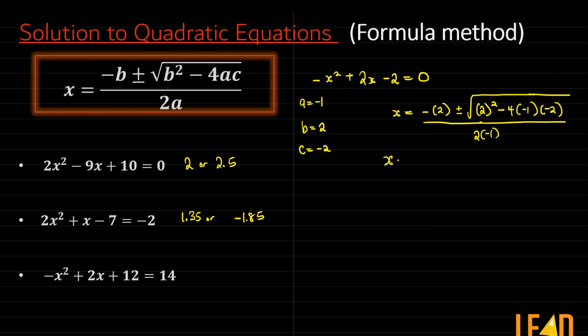So x is equal to minus 2 plus or minus the square root of 4 minus, because minus times minus times minus gives you minus, 8, over minus 2. That gives me minus 2 plus or minus the square root of minus 4, over minus 2.